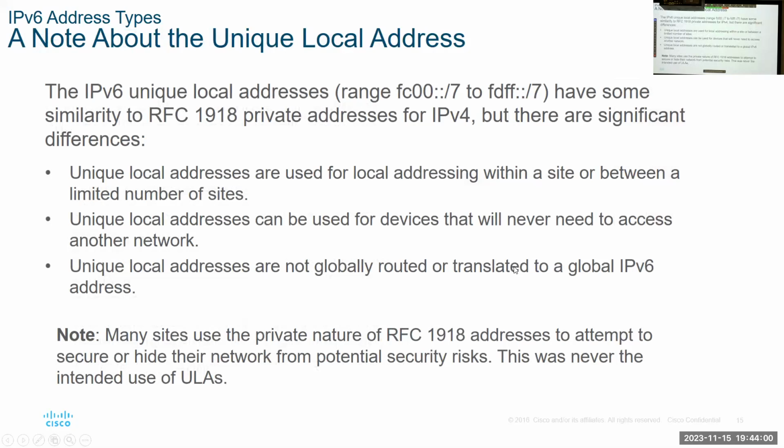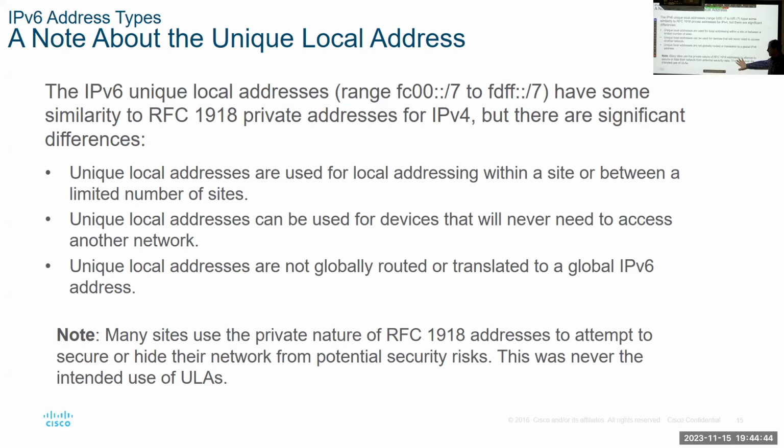Okay, so like I said, the unique local is kind of like the private addresses; they can't be routed. And for the most part, it's really just meant for dabbling in IPv6 until you're ready to actually use it for real. So see this note down here: many sites use the private nature, meaning they can't be routed, of the RFC 1918, which is the unique local addresses, to attempt to secure or hide their network, just like private addresses are used in IPv4.